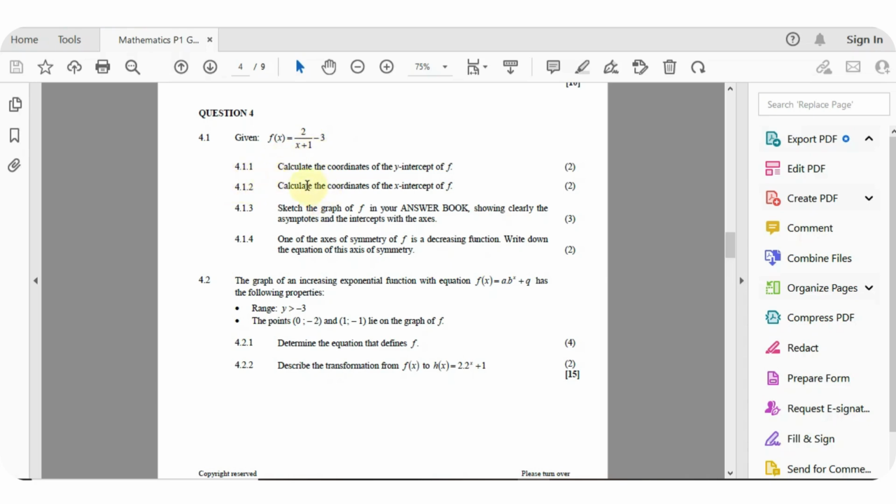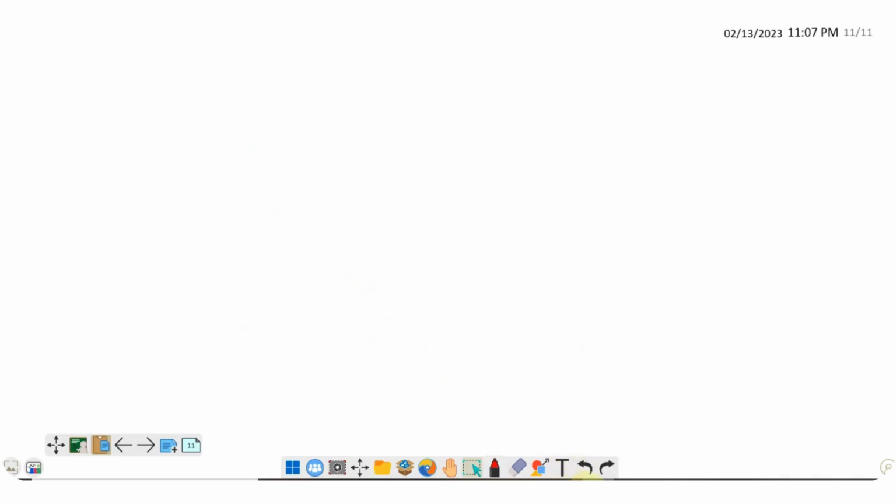4.1.1, calculate the coordinates of the y-intercept. Let us do that. y equals 2 over x plus 1, minus 3.